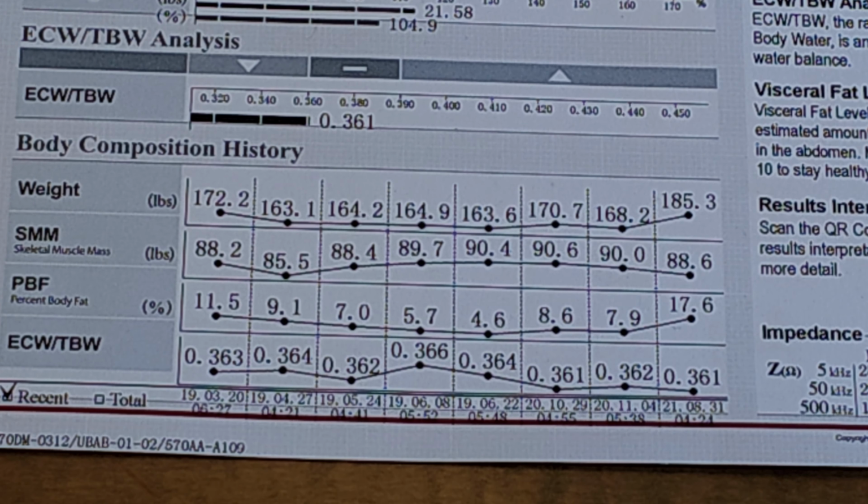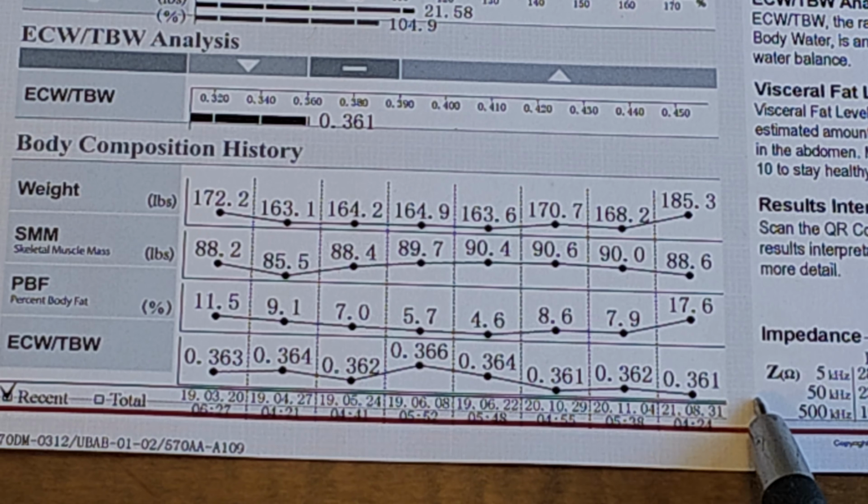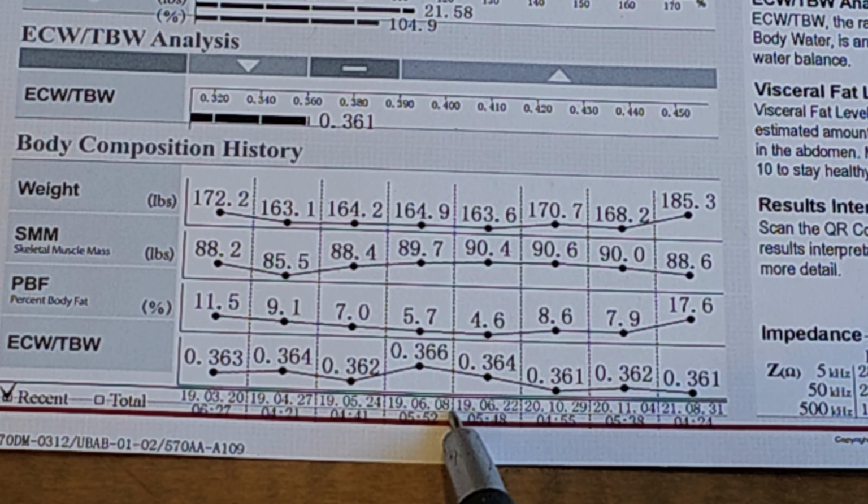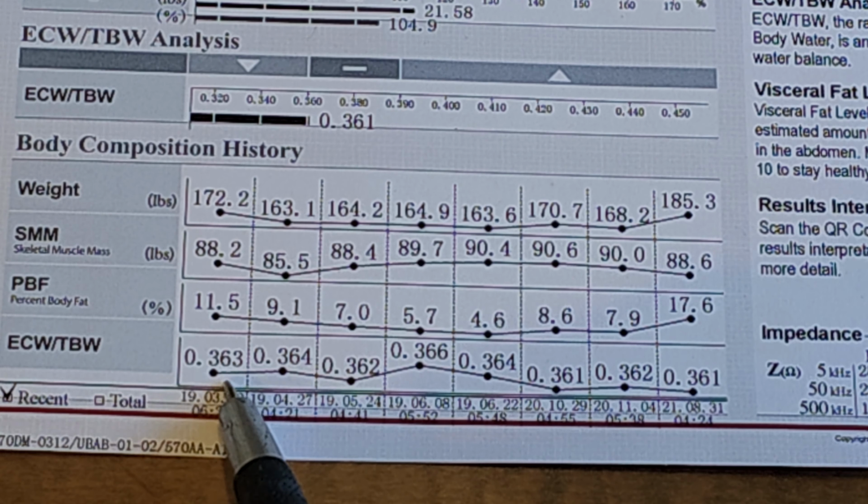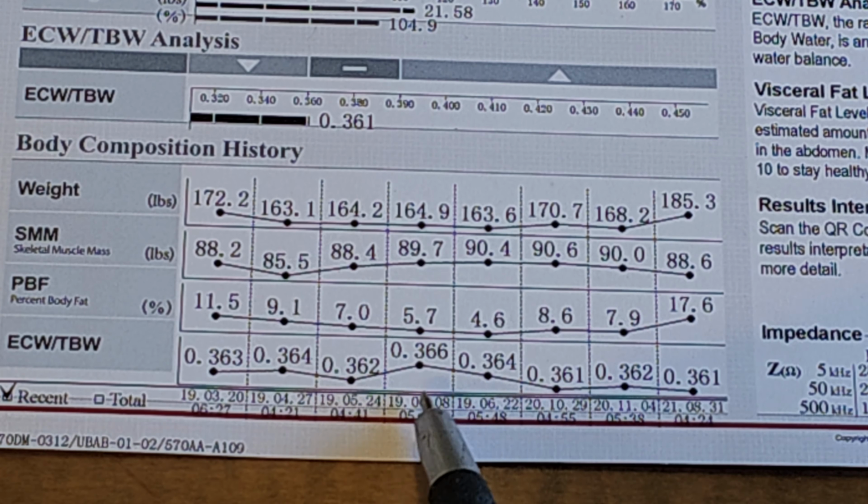Now at the bottom, you can see this ECW TBW score. While on paper it looks like it's been fluctuating up and down quite a bit, the differences are pretty slight. We've got 0.363, 0.362, 0.366. Those are basically hydration differences that you can measure in ounces, so it's not statistically relevant.